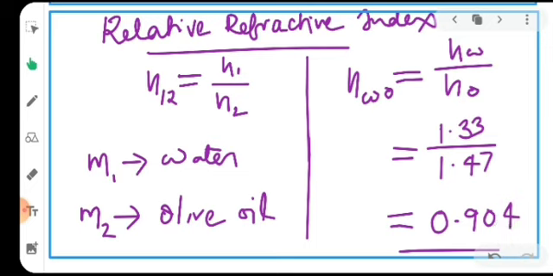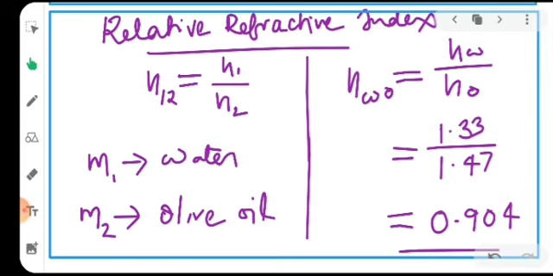So it's a value less than 1. Relative refractive index can be either less than 1 or greater than 1, depending on the type of ratio you are taking.